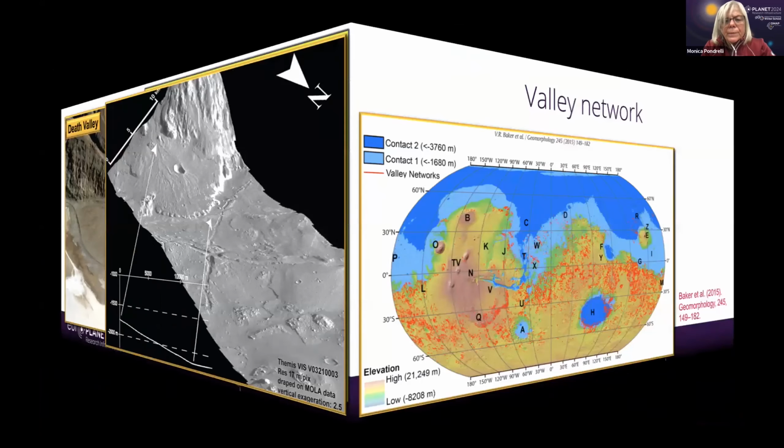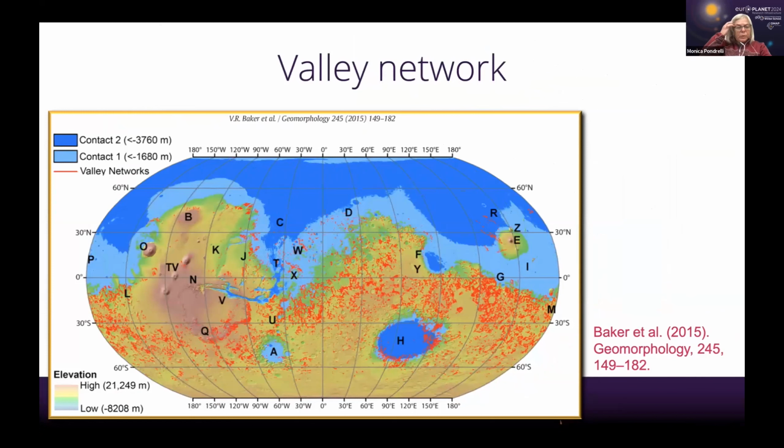Holden crater. Valley networks have been represented in this map. All the valley networks, you see how widespread they are, represented in red. In blue, you have the two shorelines. You might know that there is a big discussion about whether Mars had an ocean in the northern lowlands or not.